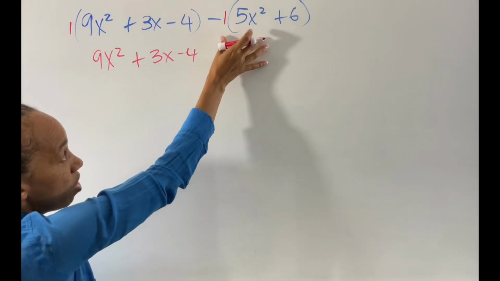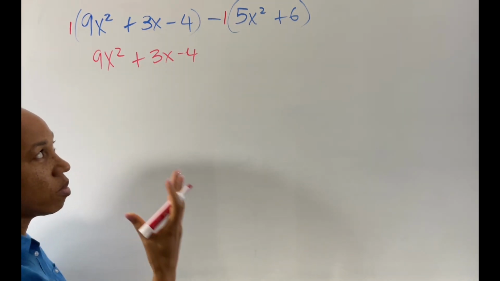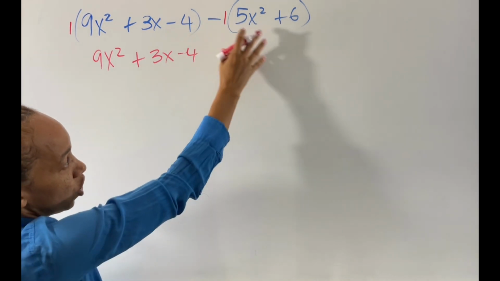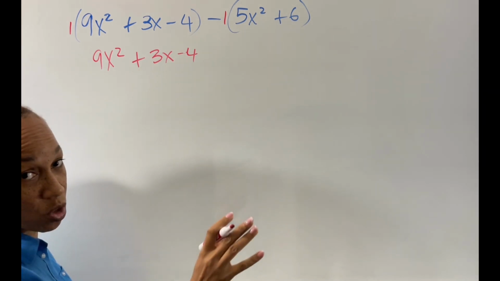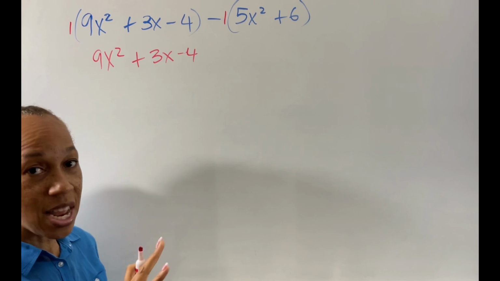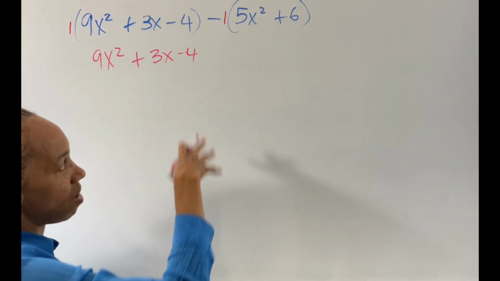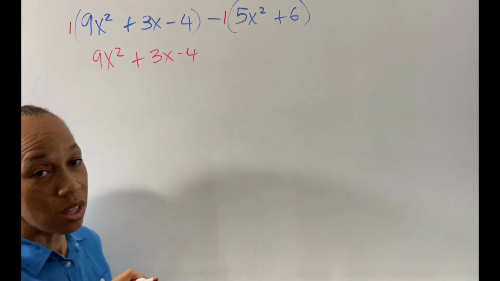But the second one, once you have this subtraction sign, it's going to change the whole game, no matter what. If you had a plus sign here, if you were adding, then you wouldn't have to change anything. The signs are going to be the same, and you're just going to multiply by the 1.